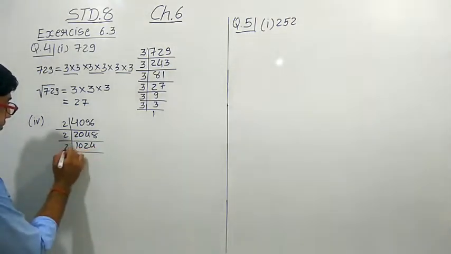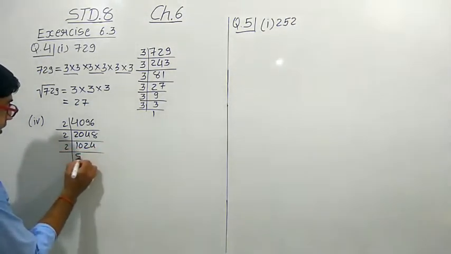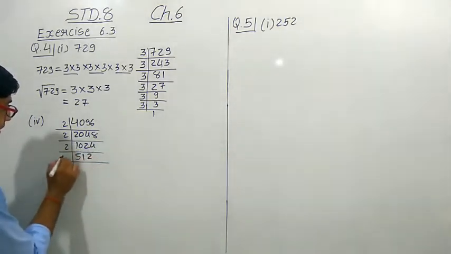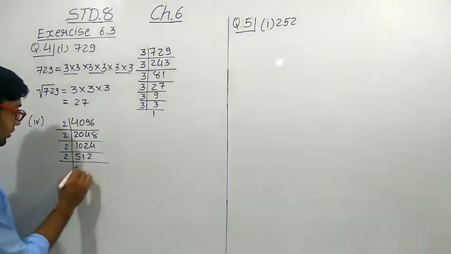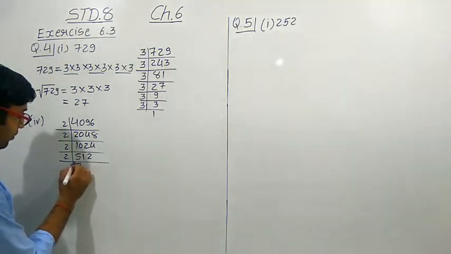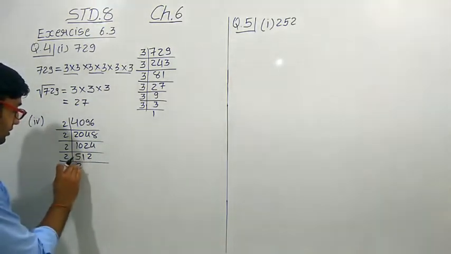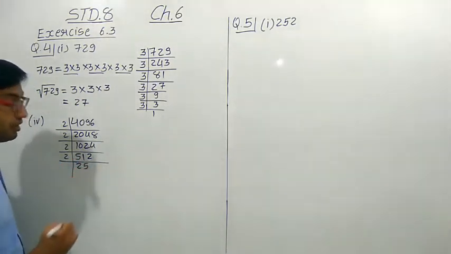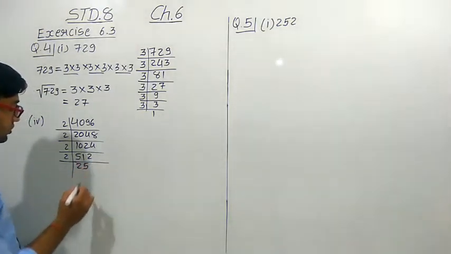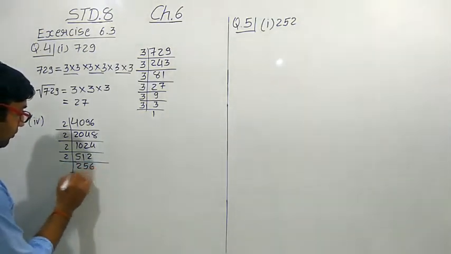Okay, again divide it by 2, we get 512. Again divide it by 2, we get 256.